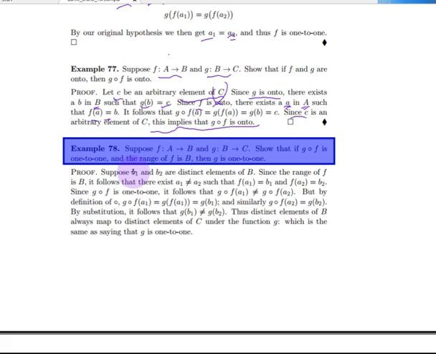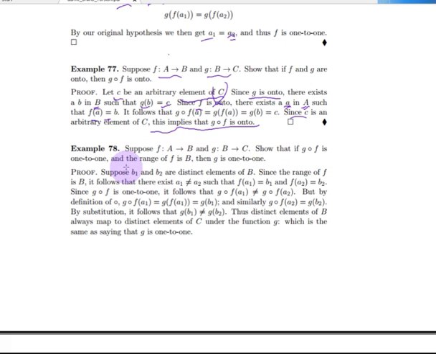Okay. All right, so you can see how this follows the idea that I've described. Suppose B1 and B2 are distinct elements of B. Since the range of F is B, it follows there exist A1, which cannot be equal to A2, such that F of A1 is equal to B1 and F of A2 is equal to B2.